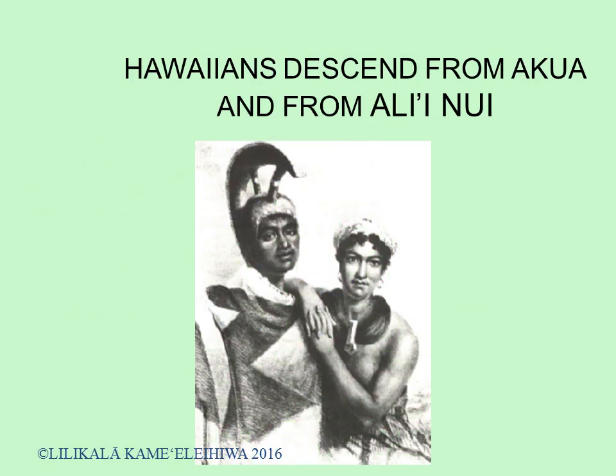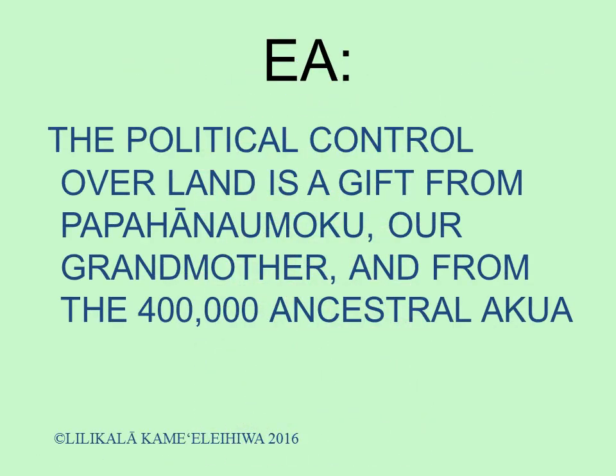Now, Hawaiians descend from Akua and from ali'inui. So Ea, the political control over land, is a gift from Papahanaumoku, our grandmother, and from the 400,000 ancestral Akua. Ea, that life breath, but also the political control over land, is her gift to us, her descendants.